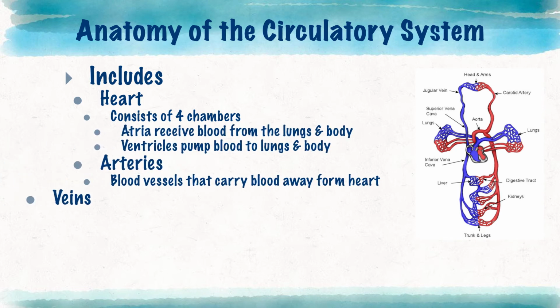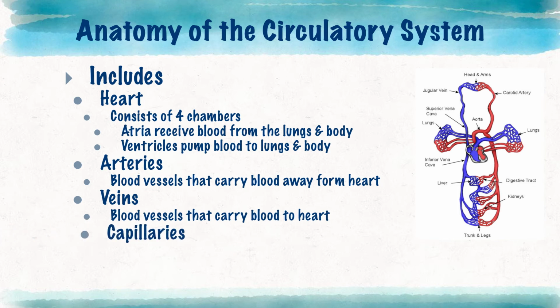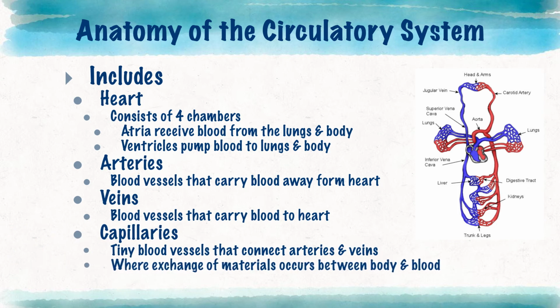To understand how the body eliminates it, we have to understand the anatomy of our circulatory system. The circulatory system is part of the cardiovascular system, and it's the flow of blood. It includes the heart, which consists of 4 chambers: 2 atria, which receive blood from either the lung or the body, and 2 ventricles, which pump blood to the lungs or to the body.